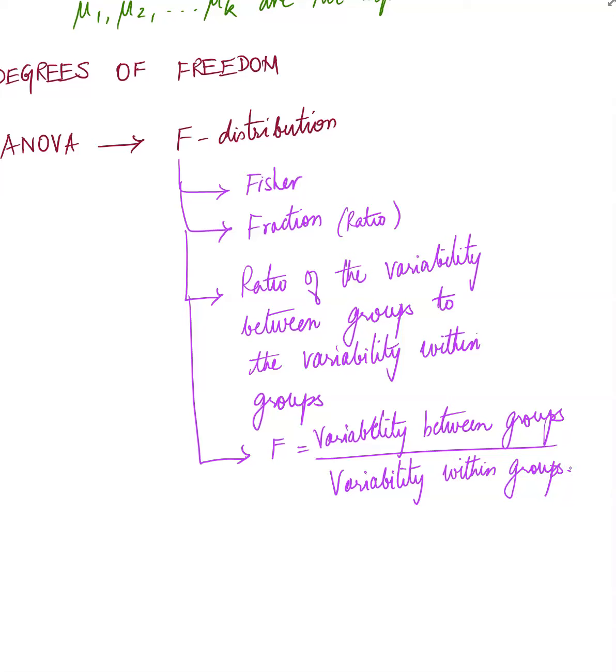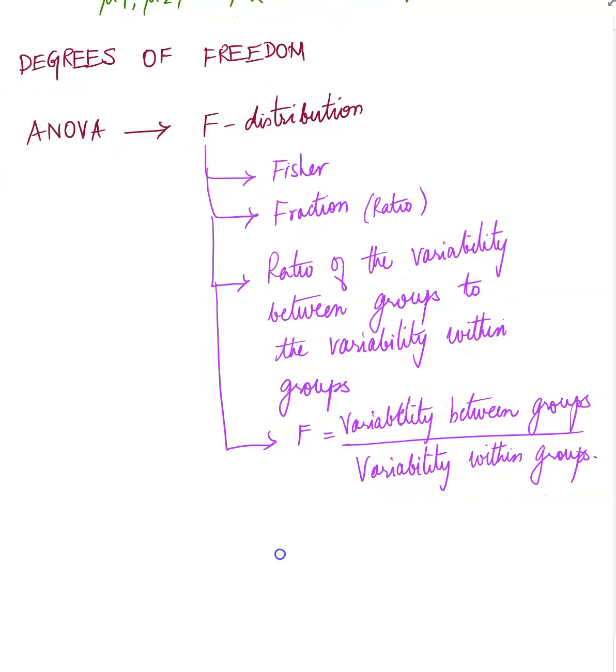So the variability between groups is between A, B, C groups. And if it's within groups, within A is the variability, within B is the variability. What this helps us do is first find out if there is only a minimal difference between the means.